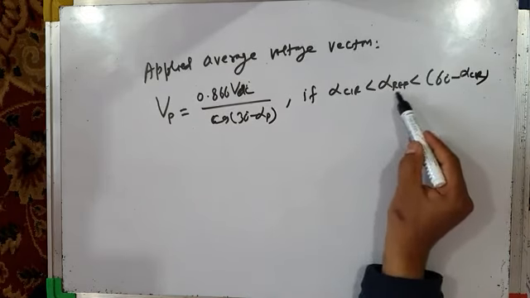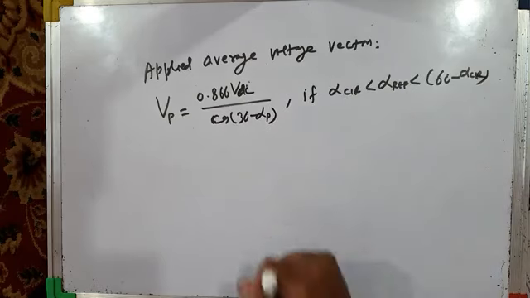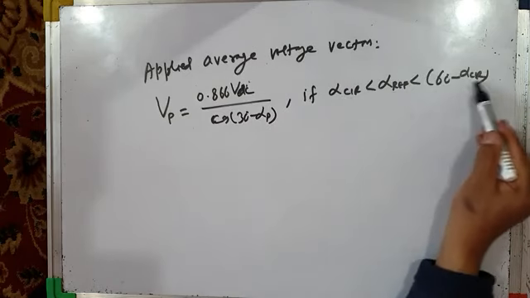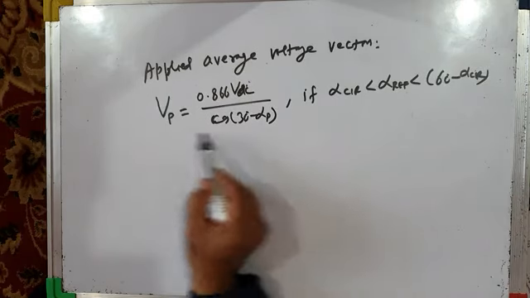If the angle of the rotating reference vector is greater than alpha circular, which we have defined just a few moments back, but less than 60 degrees minus alpha circular, then the applied voltage vector is given by this formula.